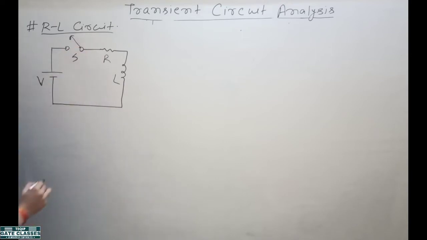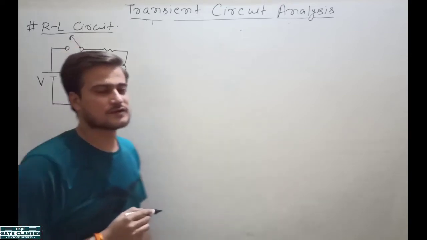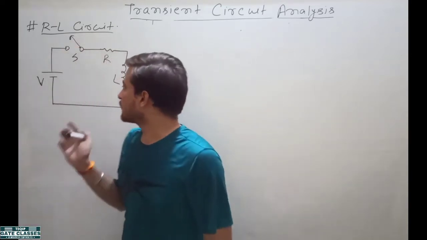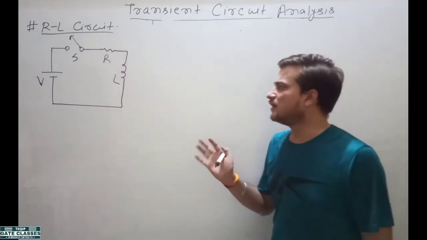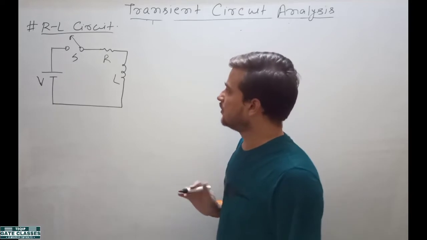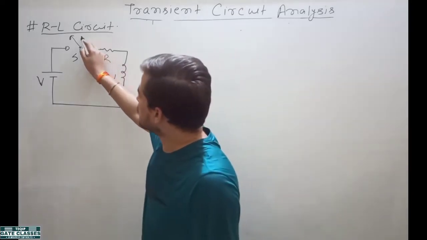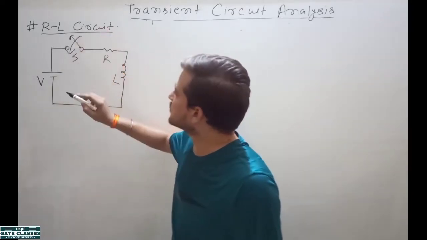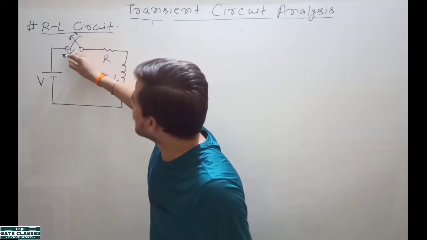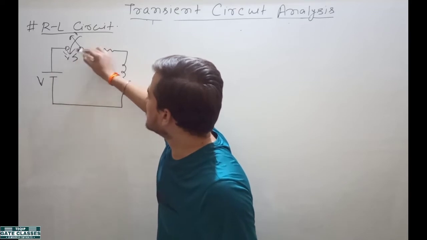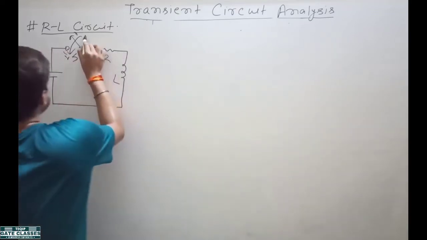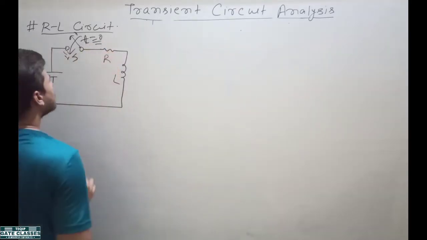Initially no current was flowing through this circuit. Initial conditions were 0. Now the switch is moved from position 1 to 1 dash at time t equal to 0.